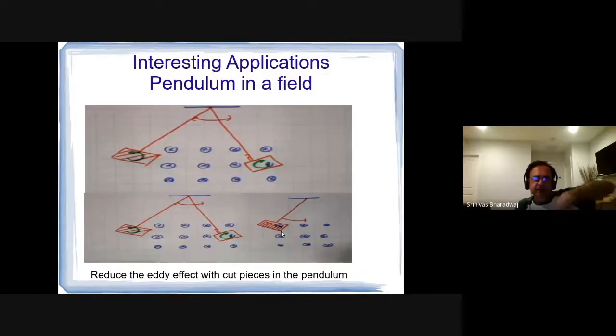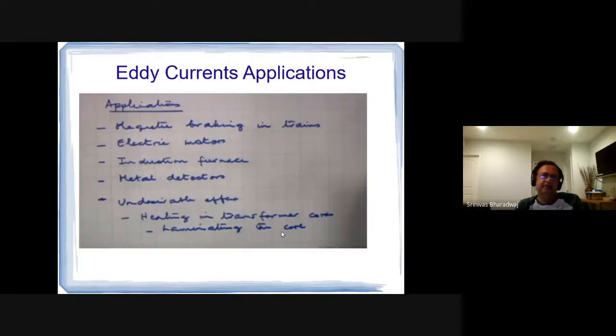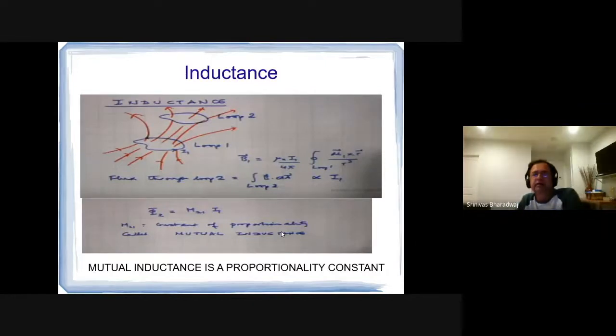So you have a magnetic field in which you're moving the pendulum, and the induced current is reduced by the effect of the eddy currents. Eddy currents are used in magnetic braking in trains, in electric motors, in induction furnaces, etc. To reduce the heating in transformers, we laminate the core. So understanding eddy currents is useful in several of these areas.